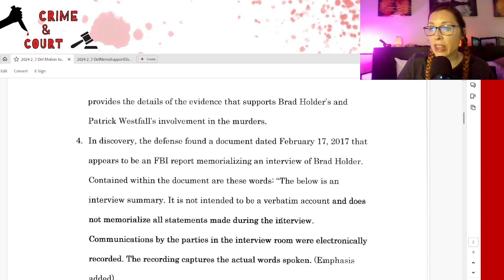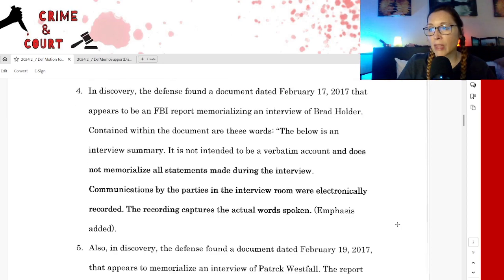In discovery, the defense found a document dated February 17th, 2017 that appears to be an FBI report memorializing an interview of Brad Holder. Contained within the document are these words: The below is an interview summary. It is not intended to be a verbatim account and does not memorialize all statements made during the interview. Communications by the parties in the interview room were electronically recorded. The recording captures the actual words spoken.